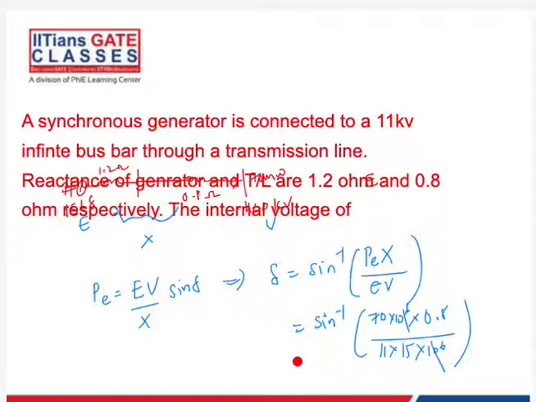If you do this, what value will you get? You should get 58.04 degrees. This is not per se a question from the stability, but yeah, you have to find it.